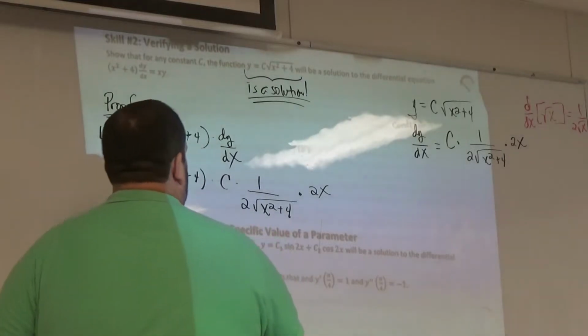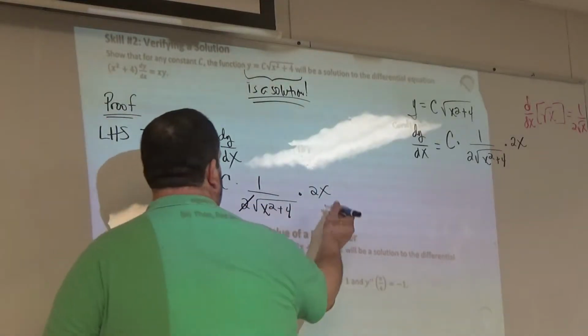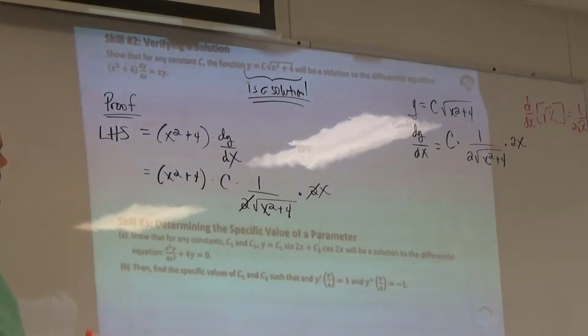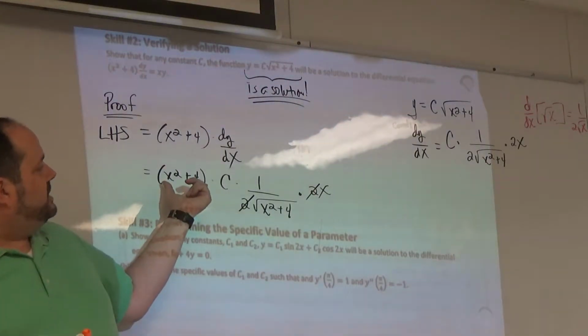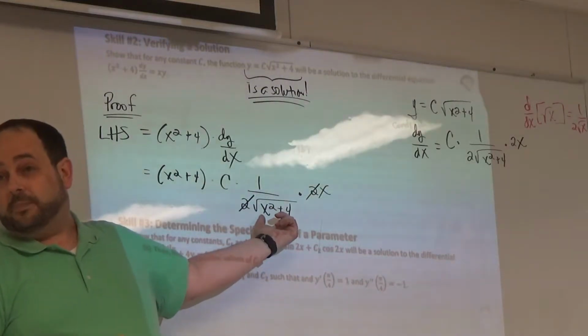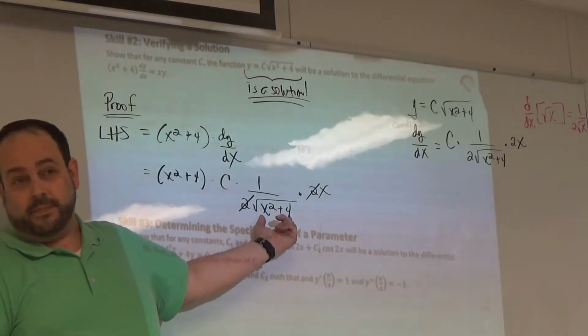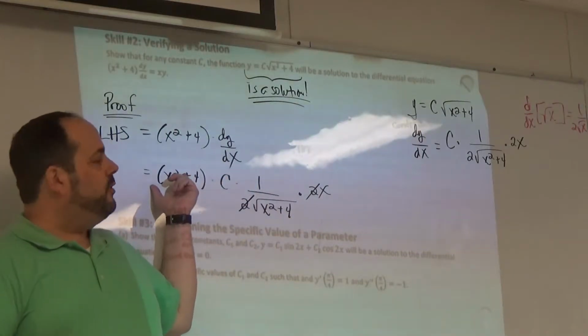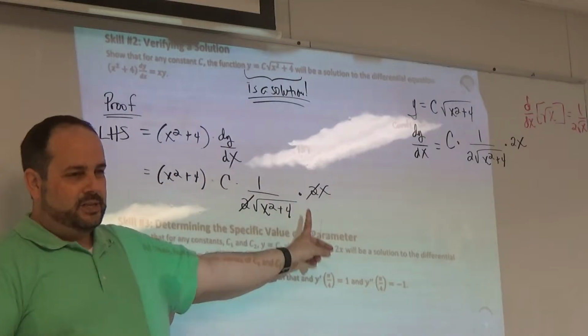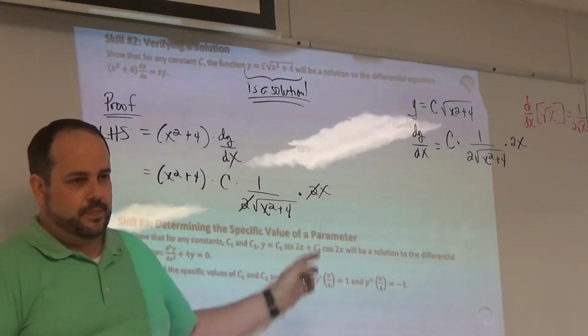Okay, I'll give you a little nudge. 2 in the denominator, that 2, I can cancel those out. You've got x squared plus 4 in the numerator. You've got the square root of x squared plus 4 in the denominator. They will cancel, but you have to be careful about this.